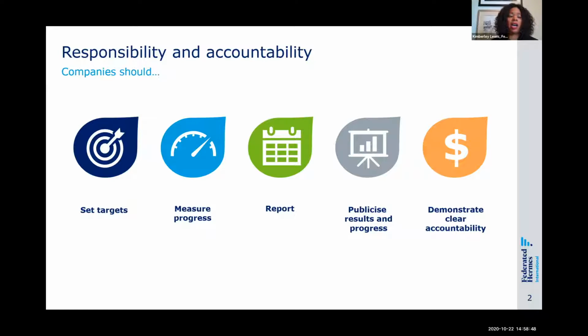One, after having collected data on its workforce and compared it to the workforce of the overall talent pool, depending on the region and sector obviously, we encourage a company to set targets in those areas where it is underrepresented. Those targets should be specific and time-bound.